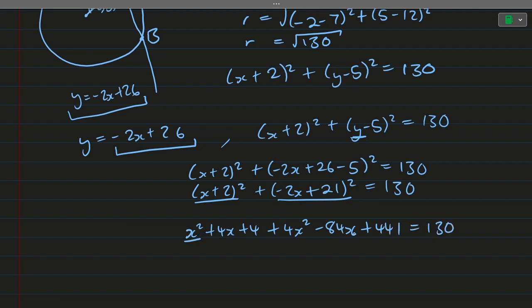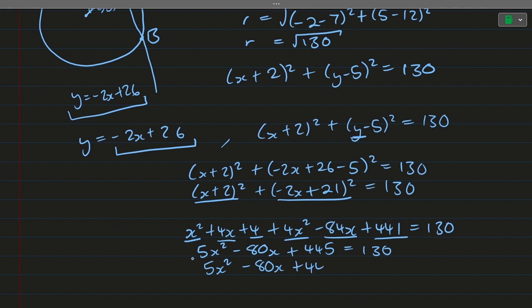If we group like terms, x squared plus 4x squared gives us 5x squared. So 4x minus 84x gives us minus 80x, and 4 plus 441 gives us 445 is equal to 130. Let's move the 130 to the left hand side, so it becomes 5x squared minus 80x plus 445 minus 130 is equal to 0.